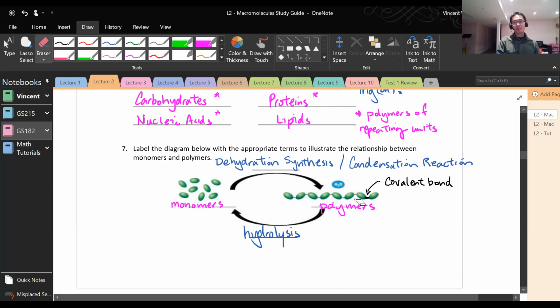So you break the polymer by adding water to it. Break the bond by addition of H2O. So forming polymer, dehydration synthesis. Breaking polymer, hydrolysis.